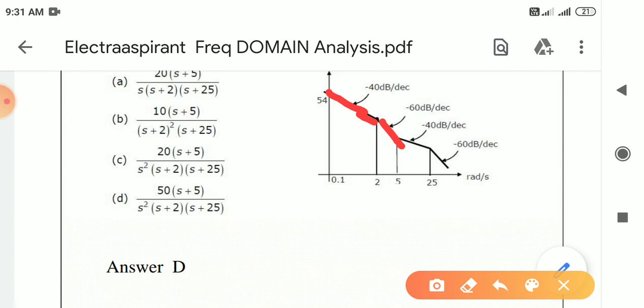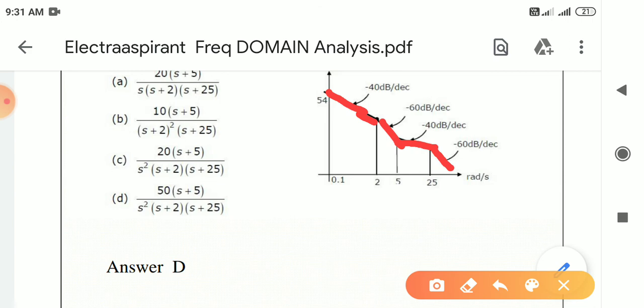Now at 5 rad per second, the line deflects towards the positive direction. That is, the slope decreases to minus 40 dB per decade, which indicates the presence of a zero, and it happens at s plus 5. The term s plus 5 is in the numerator. Now at 25 rad per second, again the line deflects negatively, that is, the slope again increases to minus 60 dB per decade, which again indicates the presence of a pole, and so we have the term s plus 25 in the denominator of the transfer function.